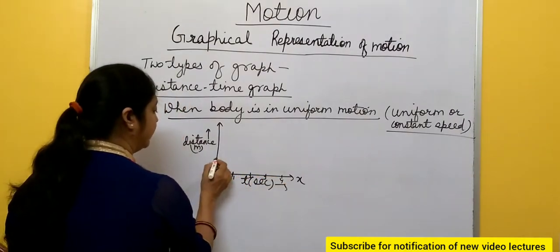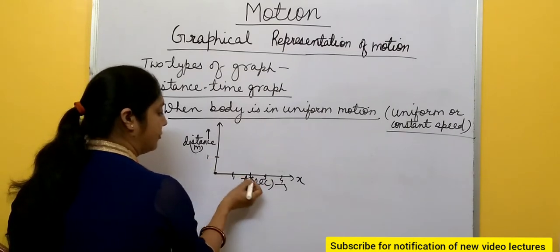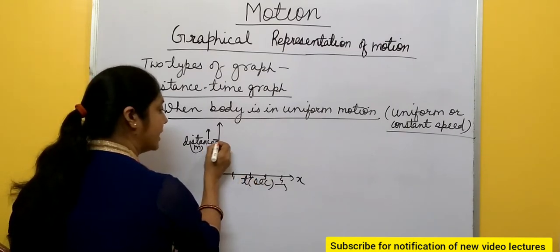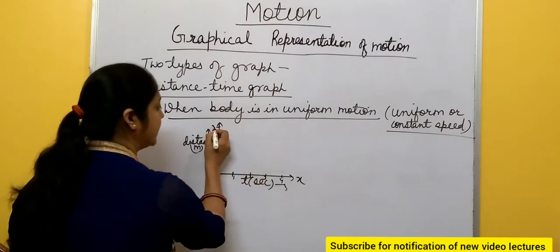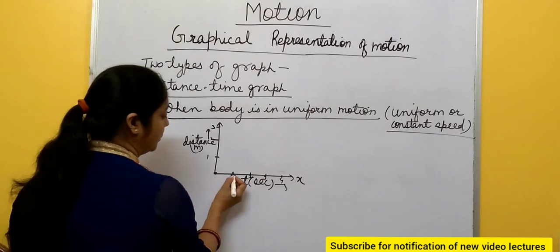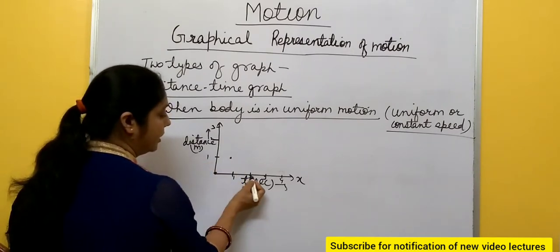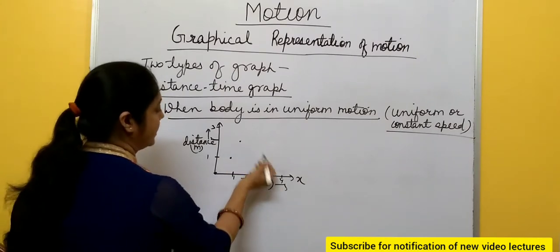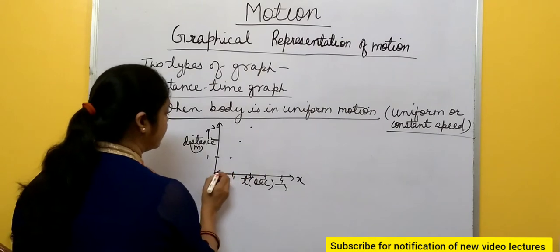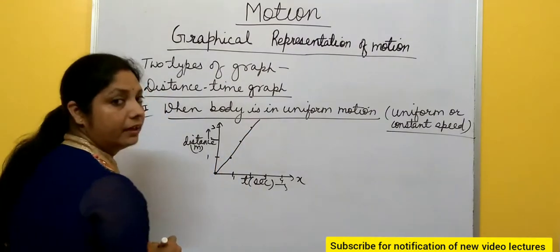After 1 second, the body covers suppose 1 meter, and after 2 seconds, the body covers the next 1 meter, it means 2 meters. After another second, 3 meters. In this way, when you join these points, you get a straight line.